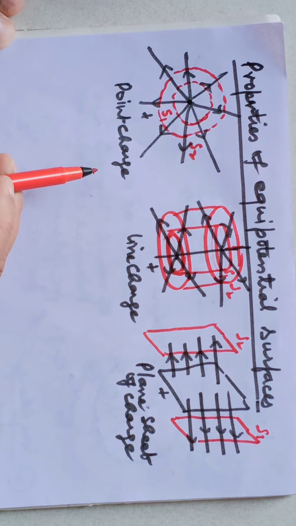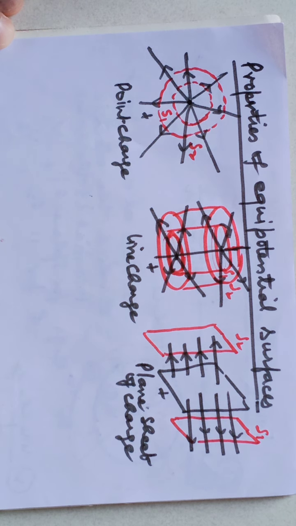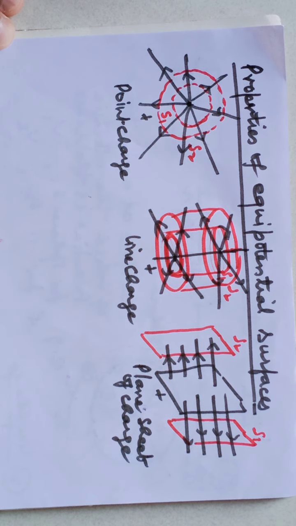So from these three diagrams, it is clear that the electric lines of forces are always normal to the equipotential surfaces.